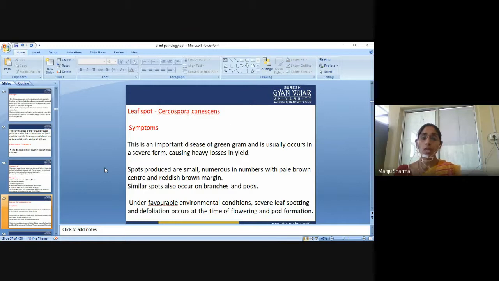Spots produced are small, numerous in number, with pale brown center and reddish brown margin. Under favorable environmental conditions, severe leaf spotting and defoliation occurs at the time of flowering and pod formation.